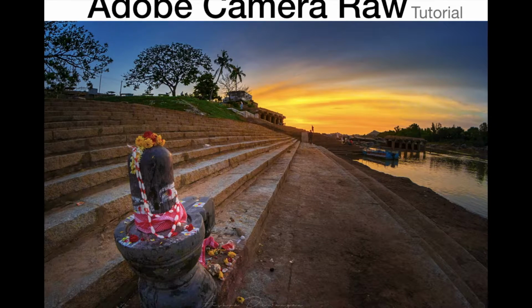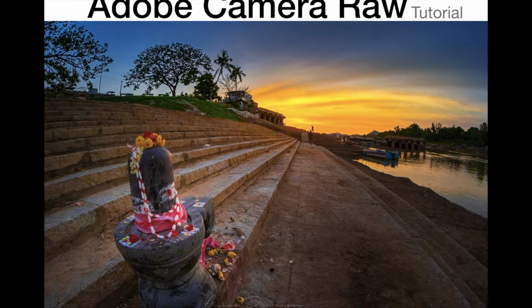The good part with Adobe Camera Raw is that it is a non-destructive way of doing post-processing of your images, and it enables you to bring changes without overwriting the original file. Whenever you do processing in Adobe Camera Raw, it saves all the instructions and settings in a small file with an extension called XMP file.